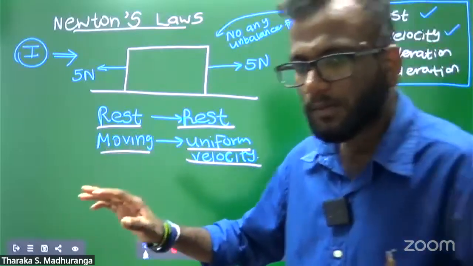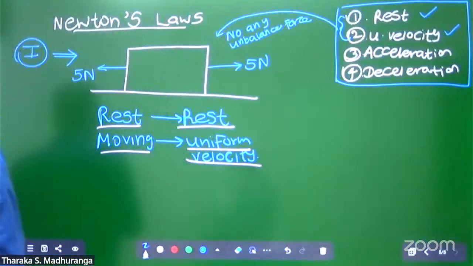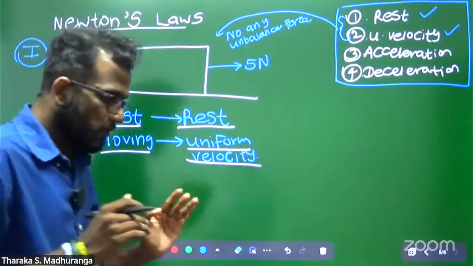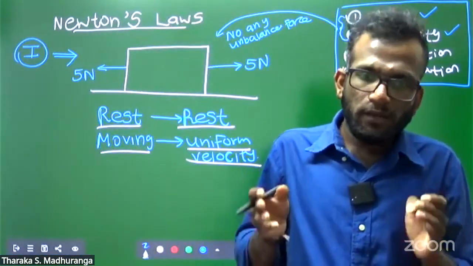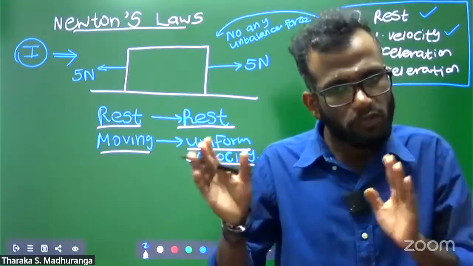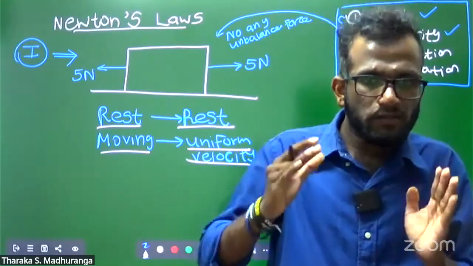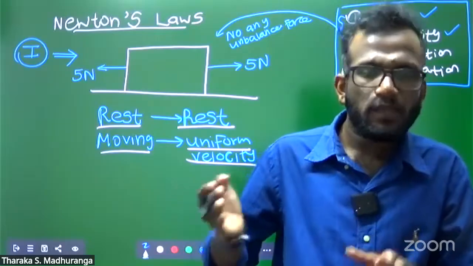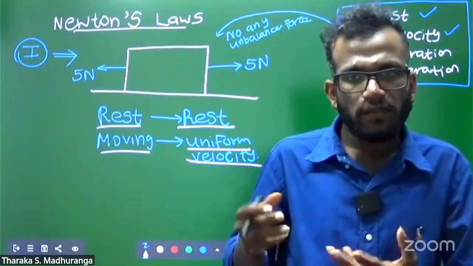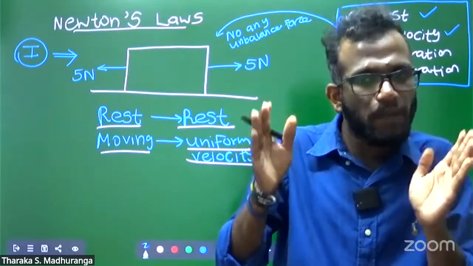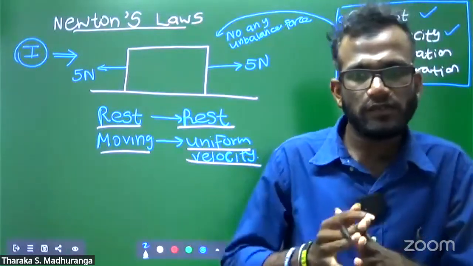Fatima, are you good? Newton's first law is: if there are no unbalanced forces acting on any object, moving objects move with uniform velocity and rest objects are rest. Then if any object is at rest or at uniform velocity, we can decide this object is balanced, no unbalanced force.